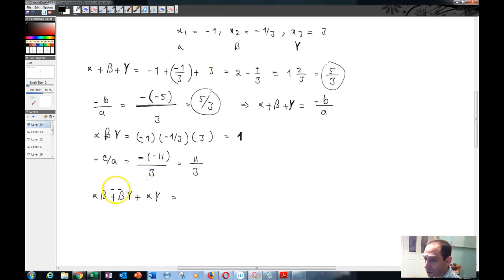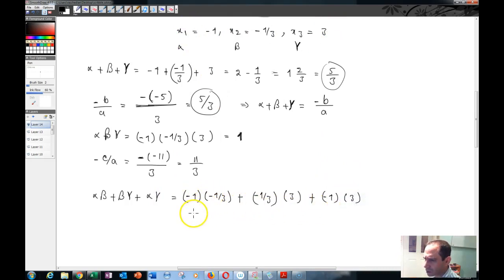So alpha beta would be -1 times -1/3, plus beta gamma would be these two multiplied together, so -1/3 times 3, and then alpha gamma would be -1 times 3.